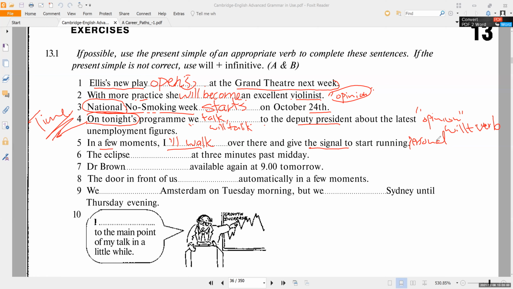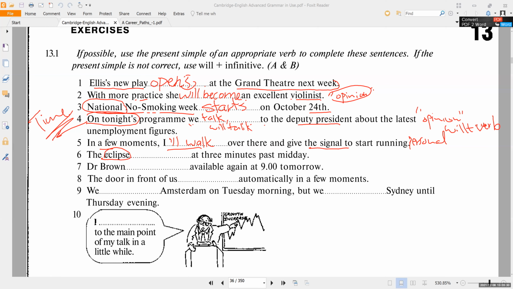The eclipse at 3 minutes past midday. Eclipse. طبعا كلمة eclipse هي معناها في اللغة العربية الخسوف أو الكسوف. فكلمة lunar eclipse أي خسوف القمر، وsolar eclipse معناه كسوف الشمس. فإحنا بالعربية عندنا كلمة كسوف وخسوف، في الإنجليزية كلمة واحدة eclipse.